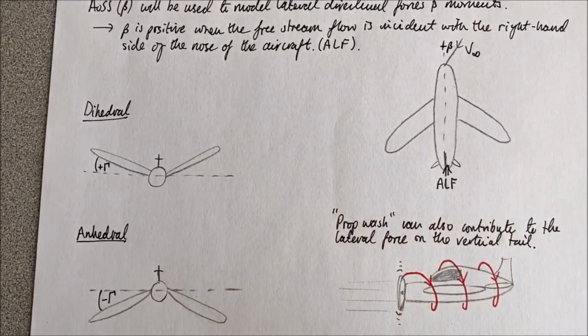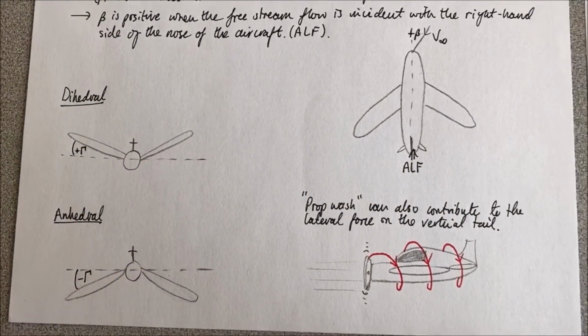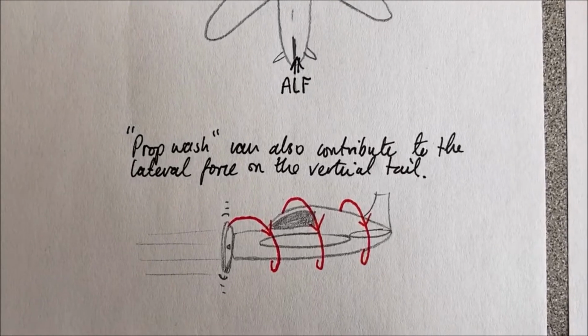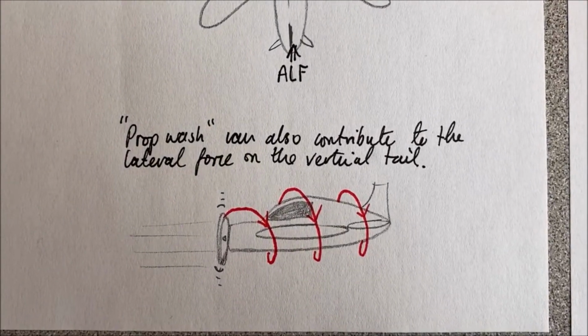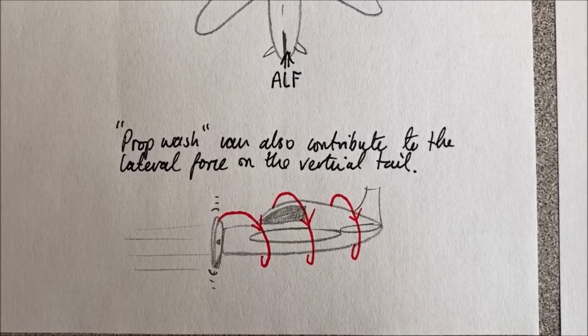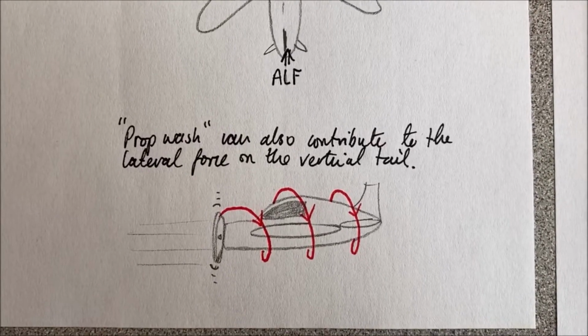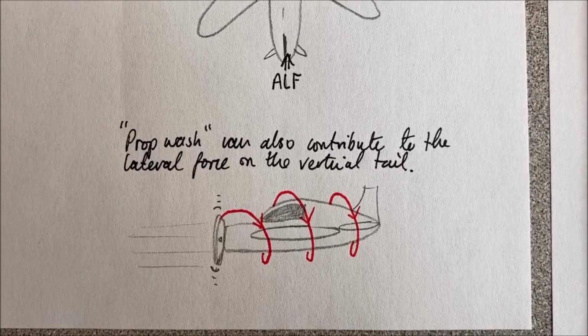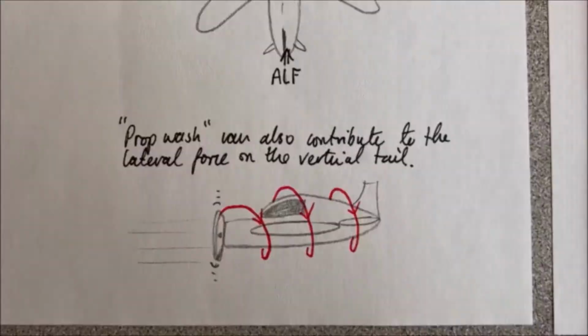So that just tidies up that little bit of notation. And also, prop wash. Prop wash can also contribute to the lateral force on the vertical tail, or the side force on the vertical tail, which can induce a yawing moment.